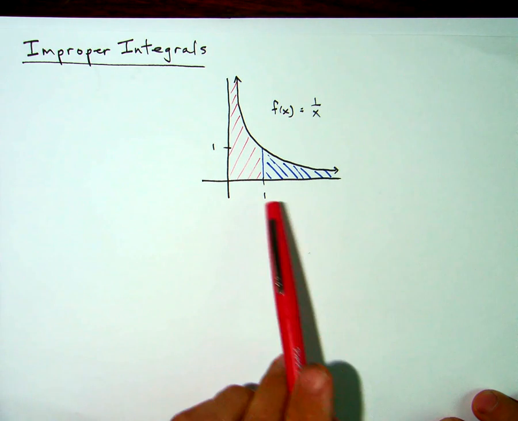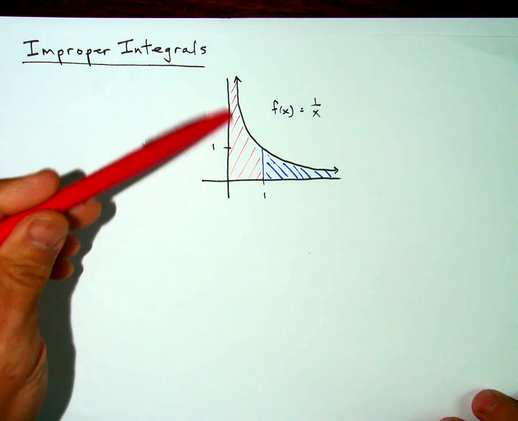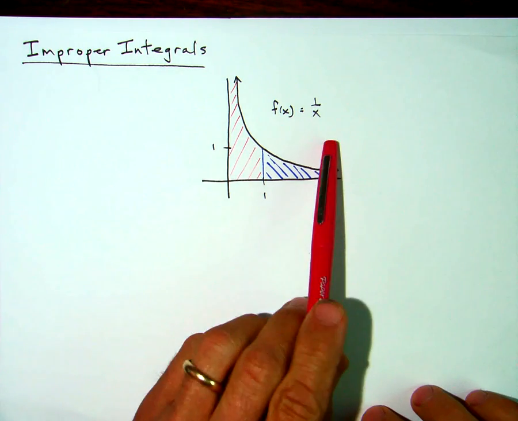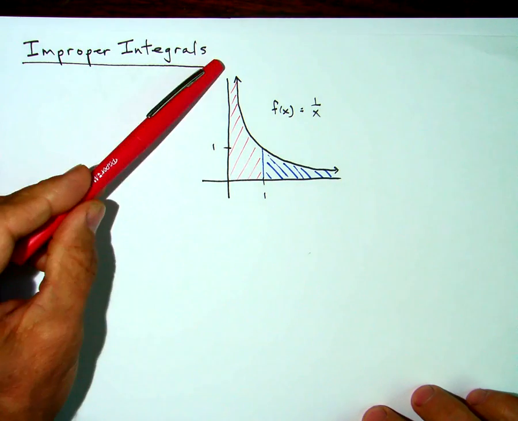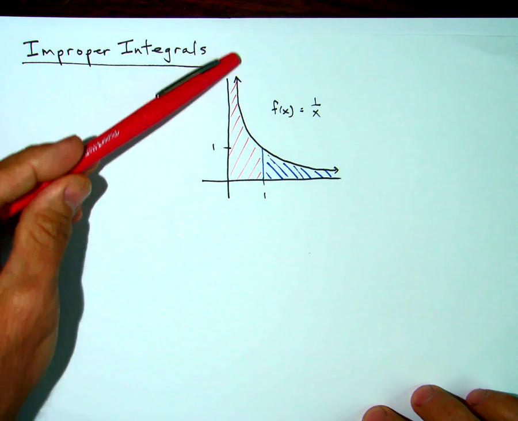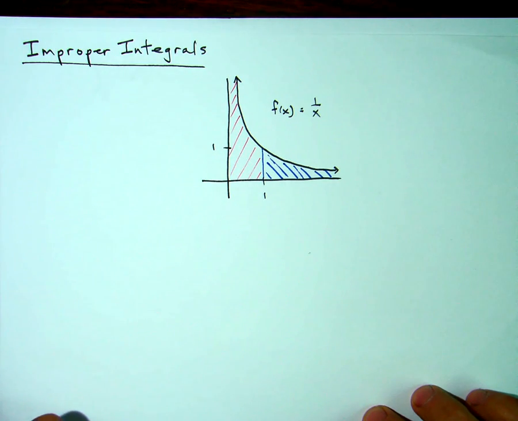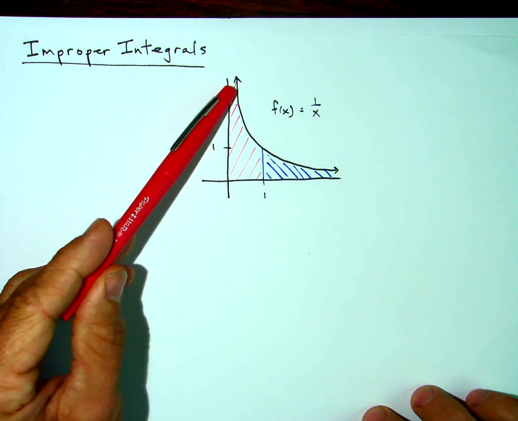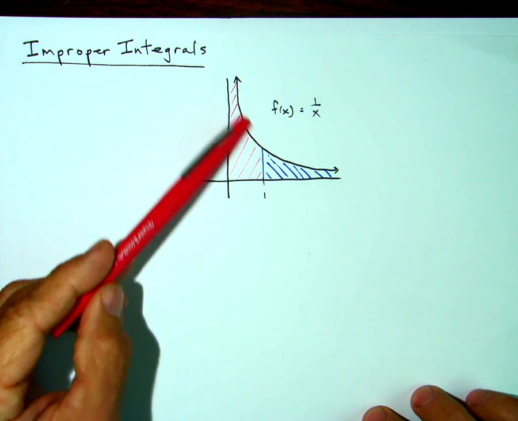So, for example, if you look at this red shaded region here, this is the function 1 over x. We know it has an infinite discontinuity on the y-axis, so it runs parallel to the y-axis going upward forever, so they never intersect. This area, well, we don't know.